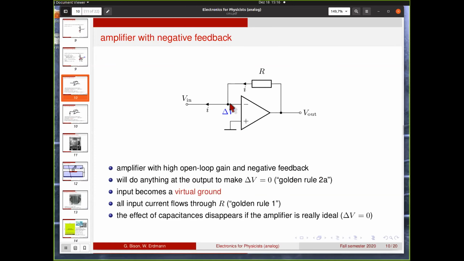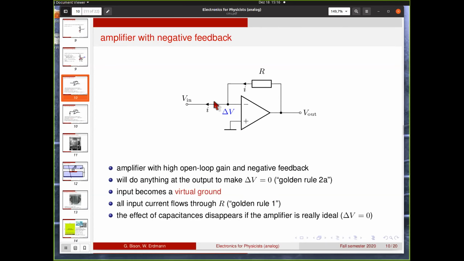And the effect is that this point here effectively is fixed. It becomes what is sometimes called a virtual ground. So here you have a point that is always at ground potential, but you can absorb the current here and measure it because it has to flow through this resistor, which is the first golden rule of operational amplifiers.